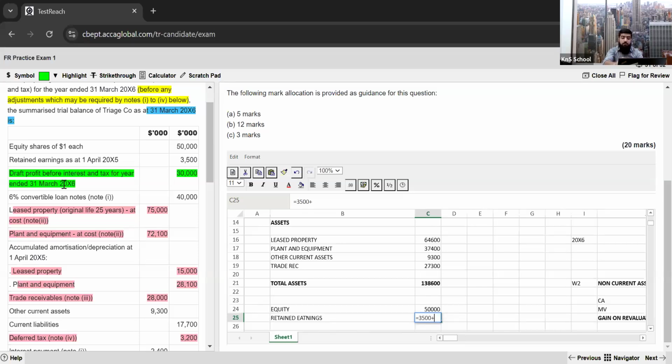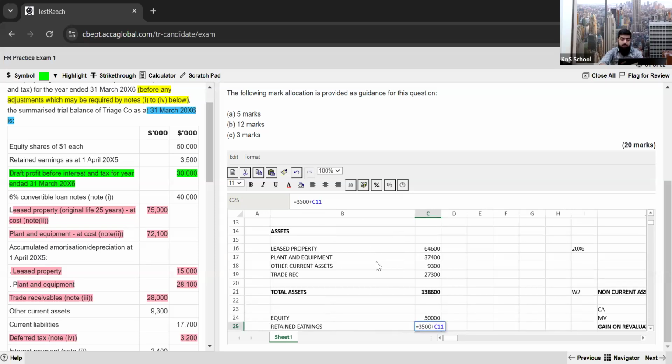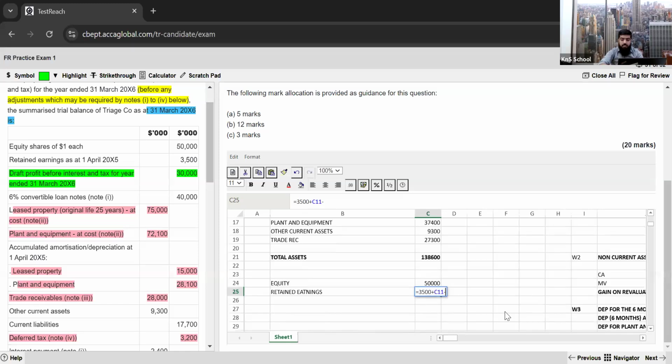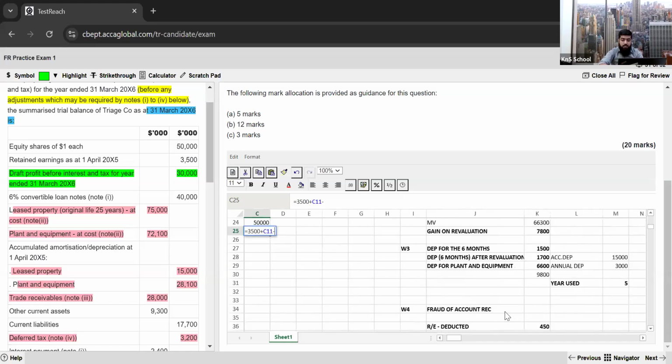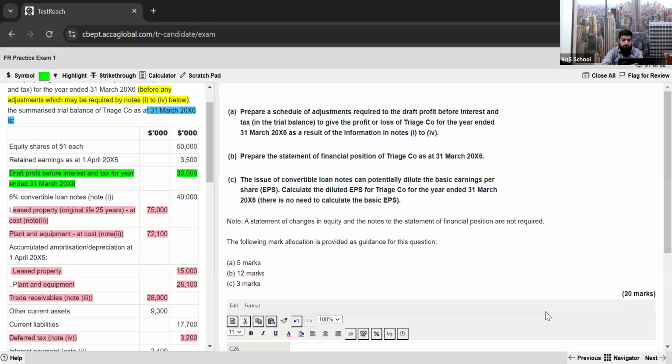First of all, you need to transfer the profit after tax, because all the profits are transferred to the retained earnings. So we have added that profit, and now we are deducting the last year adjustment, the retained earnings 450. That was the loss for the last year. So we are adjusting that retained earnings, because it is overstated. So we have deducted that 450.